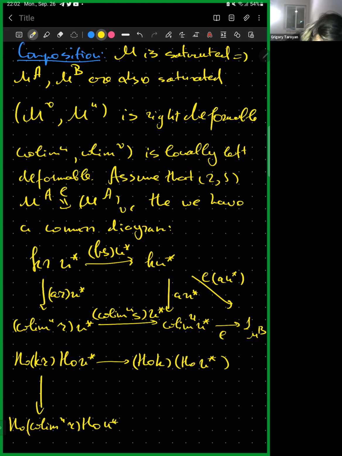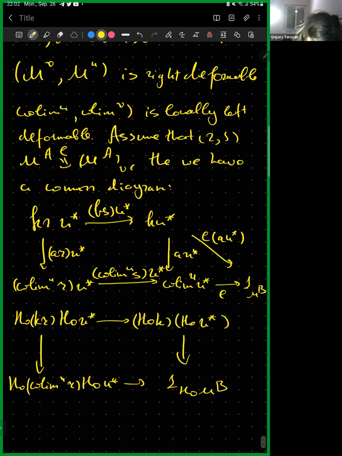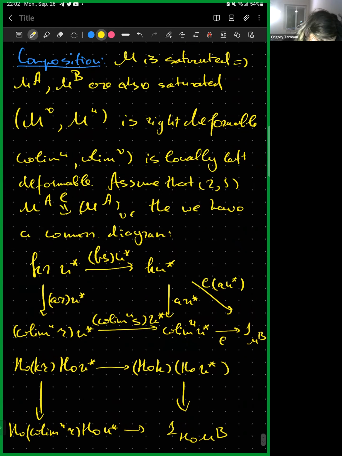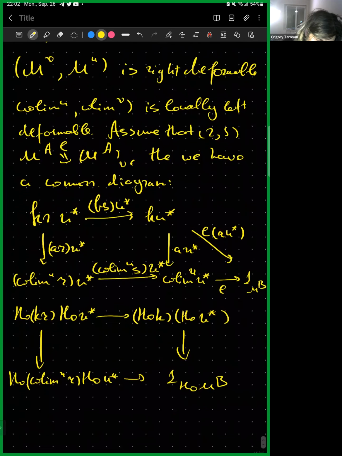We take the homotopization of U upper star, and this all finishes like this. So we have natural transformations into the identity functor on the homotopy category of diagrams of shape B in M. So this is the proof of the first part of the statement about the composition of colimit functors.